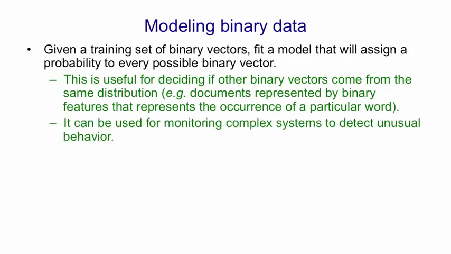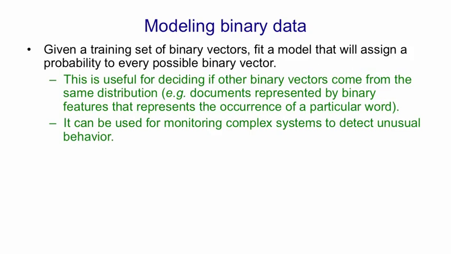You could also use Boltzmann machines for monitoring complex systems to detect unusual behavior. Suppose, for example, that you had a nuclear power station and all of the dials were binary. So you get a whole bunch of binary numbers that tell you something about the state of the power station. What you'd like to do is notice that it's in an unusual state, a state that's not like states you've seen before.